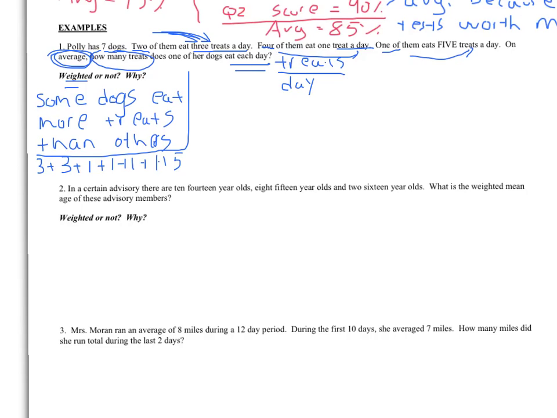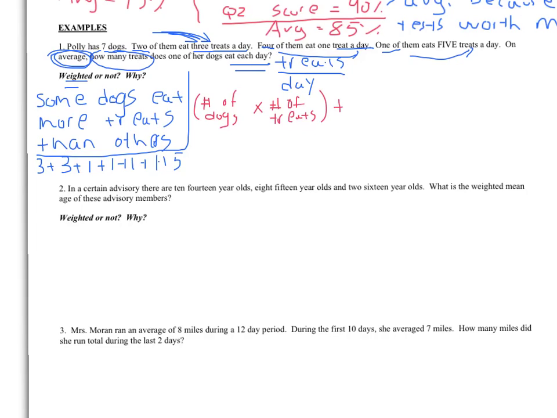When you have repeated addition, you can weight that. Let's start by getting this down. I'm going to change colors. If you look at the number of dogs, and you multiply it by the number of treats, and then do the same thing for all the different groups.